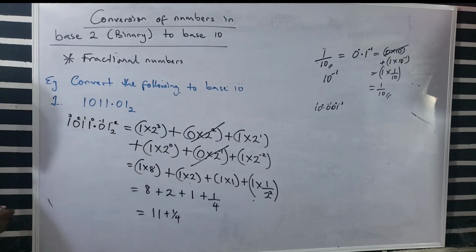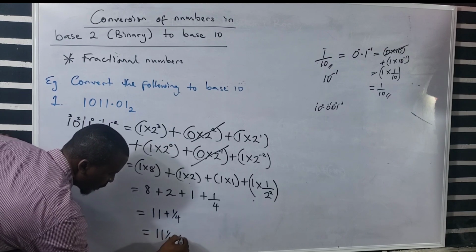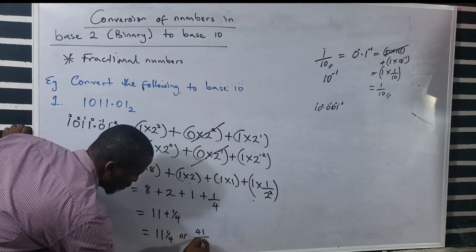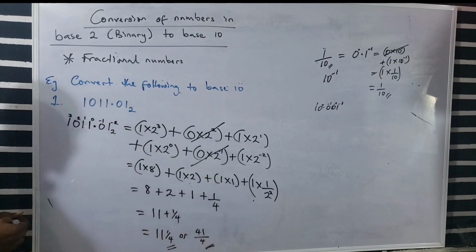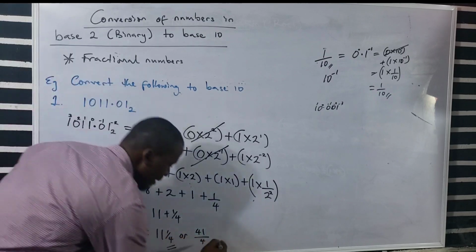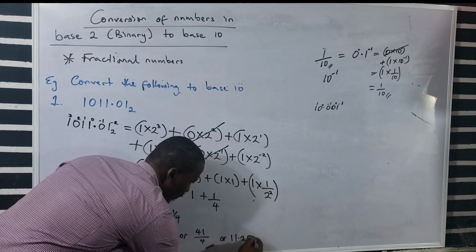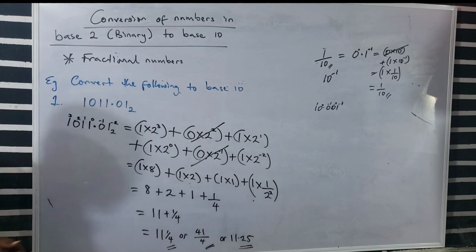And 11 plus 1 over 4 will give you 11 1 over 4, or you have it as 45 over 4. Whichever way you want to express your number, you can express it. You can equally express it as a decimal, which is 11.25.